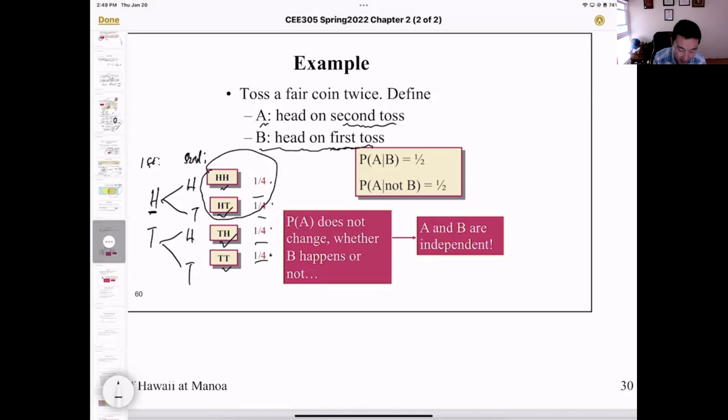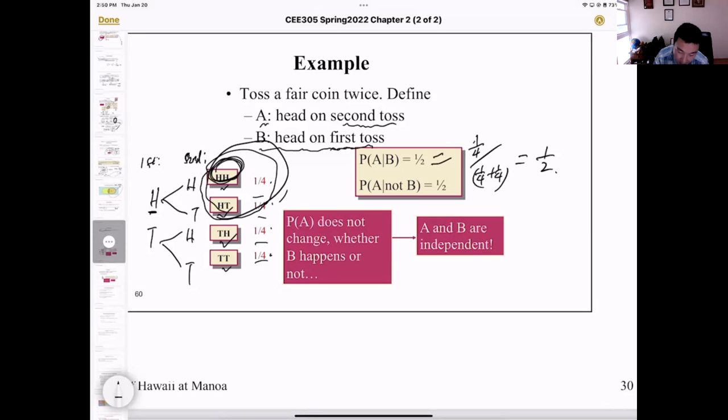A is we have a head on the second toss, which is head-head here. So that's 25%. So P(A given B) will be 1/4 divided by P(B), which is the first two events here, so 1/4 plus 1/4. That's 1/2.